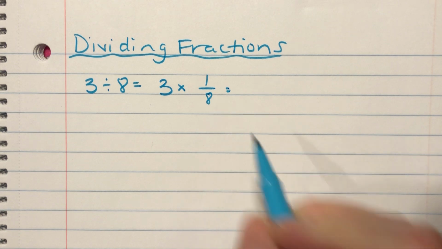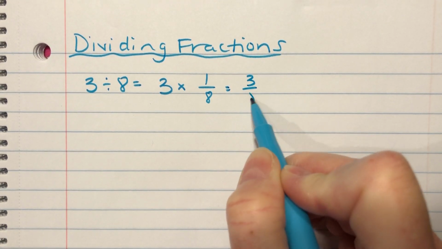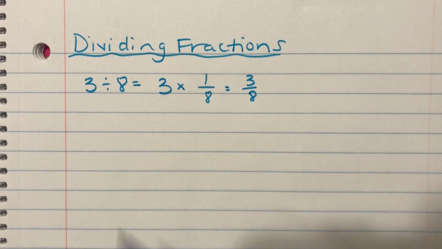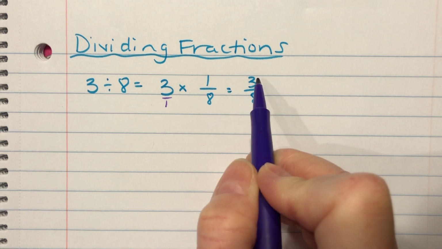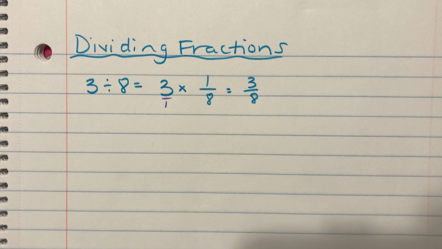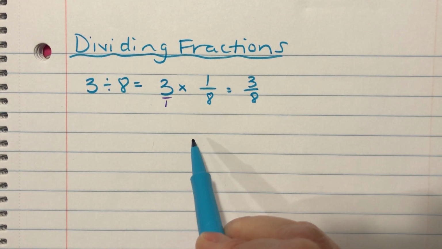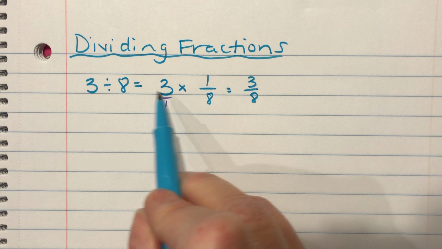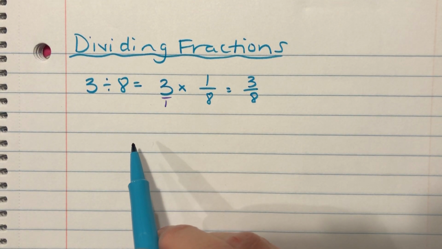And 3 times 1/8 means 1/8, 1/8, 1/8, which is 3/8. It might help to remember that when you multiply by a whole number, you put the 1 underneath it, and 3 times 1 is 3, and 1 times 8 is 8. Either way, using this method of inverses, using multiplication, it works. And I didn't just change it to 3 times 8, because 3 times 8 is 24, and 3 divided by 8 is definitely not 24.